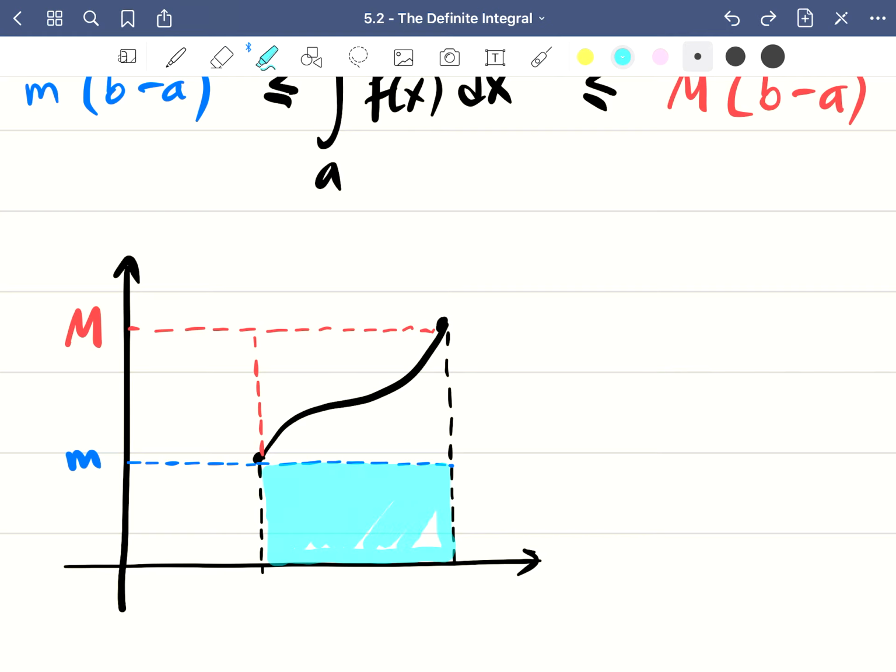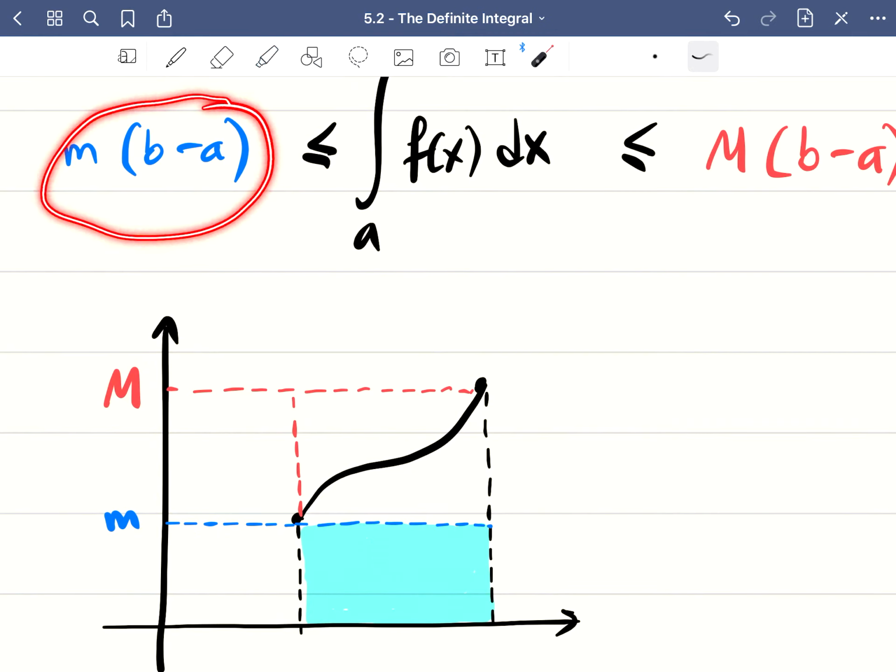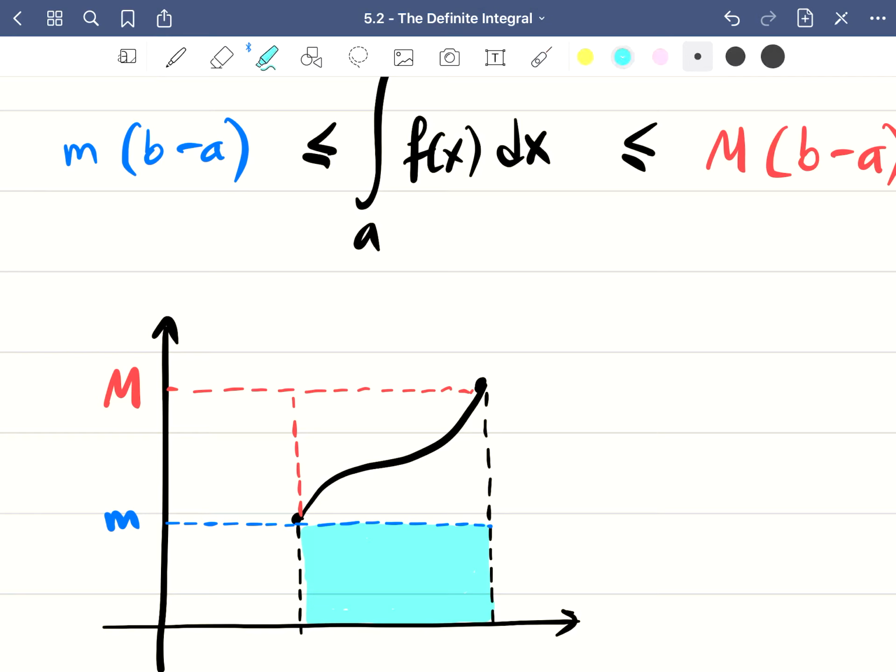So this value here, this area, is this value. And let me highlight in yellow this part of the area.